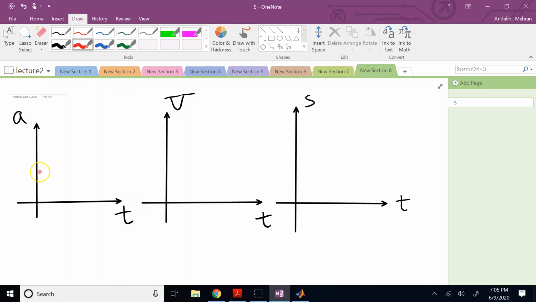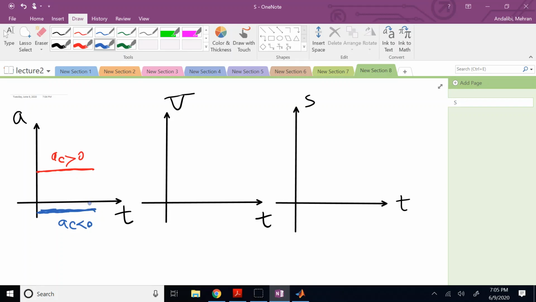Here a is constant, so it's either a positive constant number or it is a negative constant number. Doesn't matter, it should be constant.